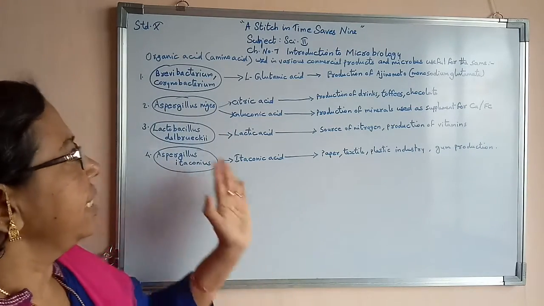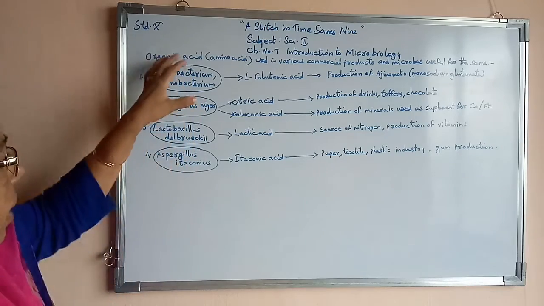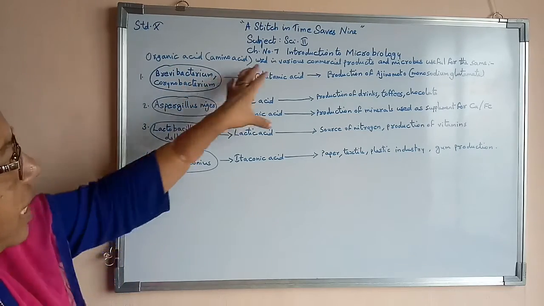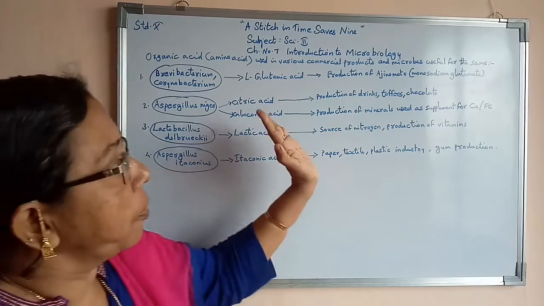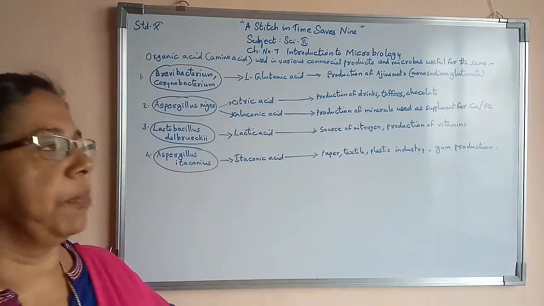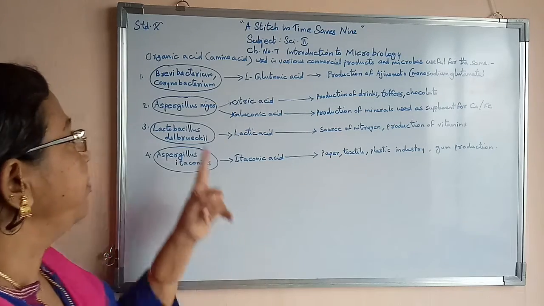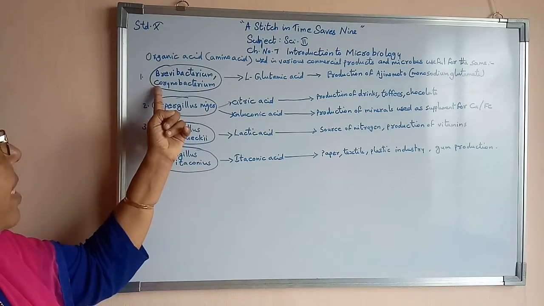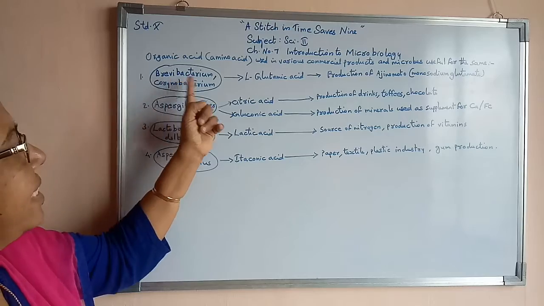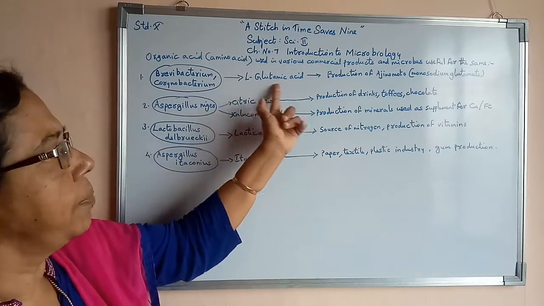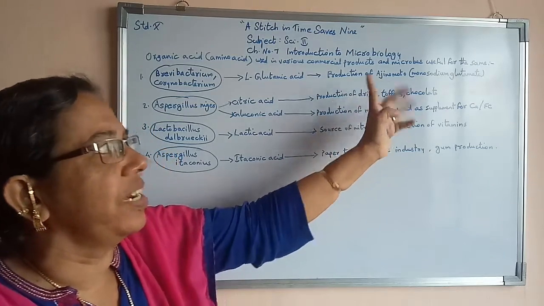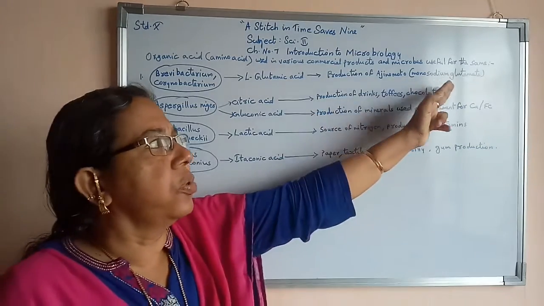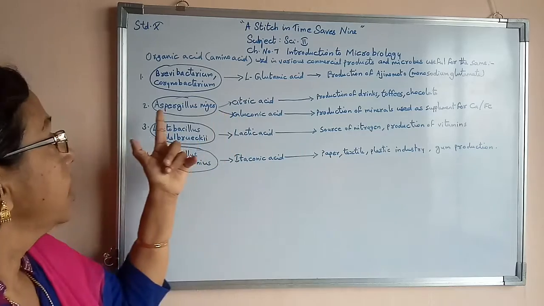So here we will see different types of microorganisms given, which types of amino acid or organic acid they are producing, and for the production of which substances they are helping. First we will see Brevibacterium as well as Corynebacterium utilized for the production of L-glutamic acid. It is utilized for the production of Ajinomoto or monosodium glutamate.